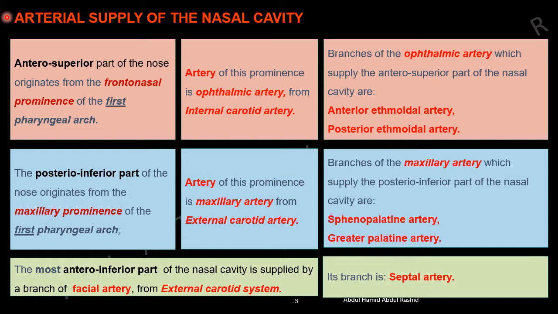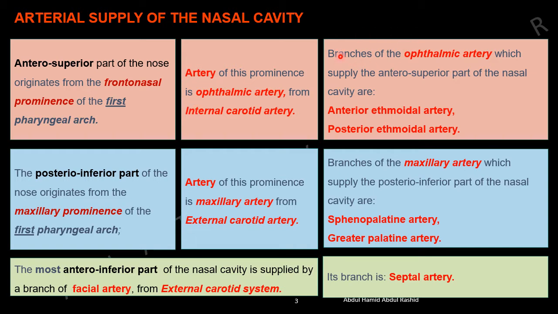Arterial supply of the nasal cavity, as we have presented in the general principle of blood supply and nerve supply. The antero-superior part of the nose originates from the frontonasal prominence of the first pharyngeal arch. Artery of this prominence is ophthalmic artery from internal carotid artery.